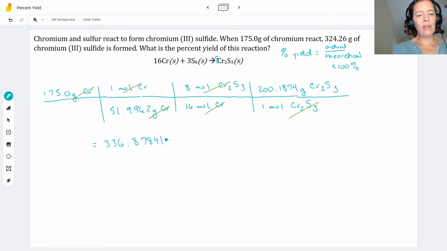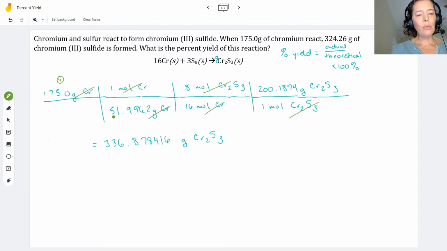Again, I'm going to give us lots of decimals because we're not going to round yet because we're not at the end, but I do want to mark where my sig figs are. So let's talk about sig figs real quick. We're doing all multiplication and division here, so we just want to find the number with the fewest sig figs. So I'm starting with my 175.0. That has 4 sig figs.